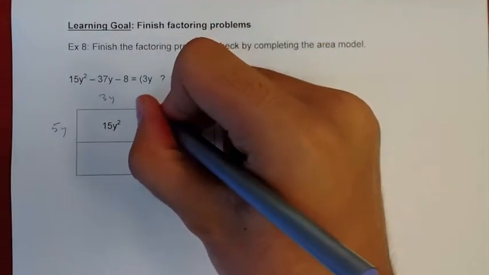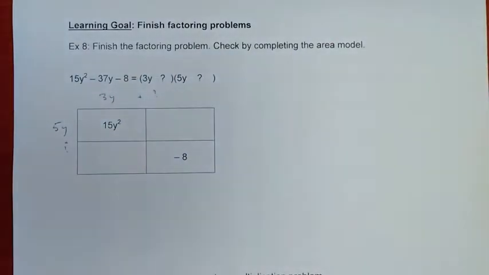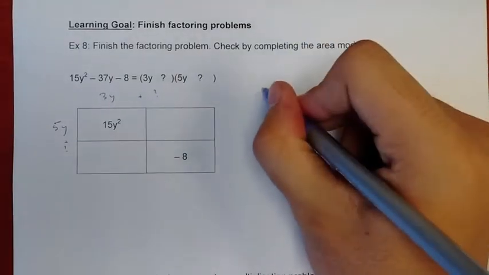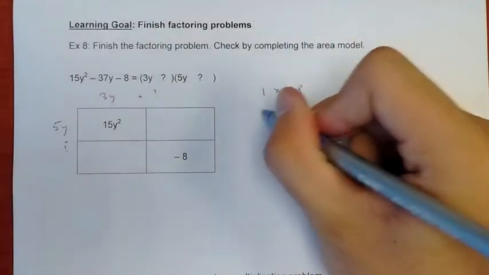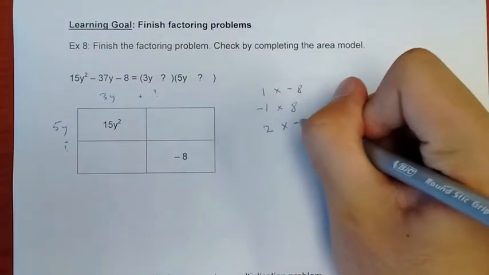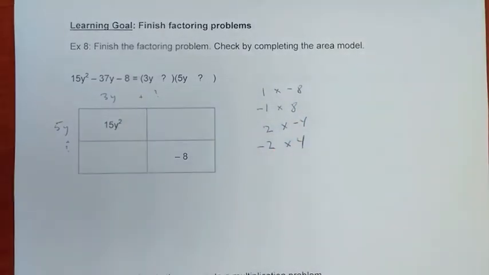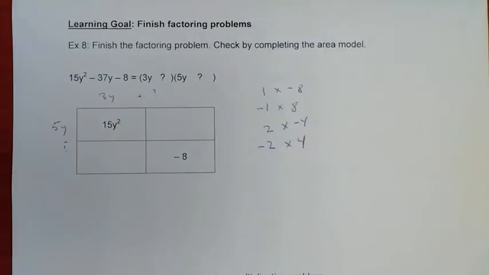And then for these unknowns, we know that they are going to multiply to negative 8. But the issue is that negative 8 has many possibilities. It could be 1 times negative 8, negative 1 times 8, 2 times negative 4, and negative 2 times 4. And then we will also have to try the other way around.